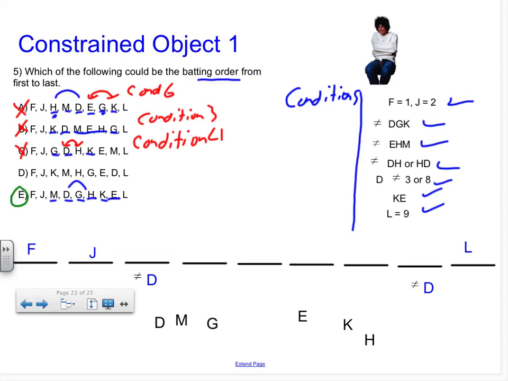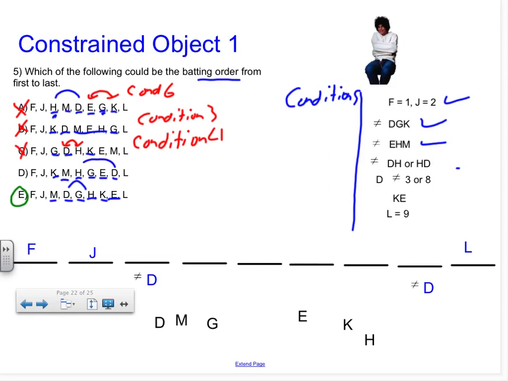But just for argument's sake, let's look at D quickly because we skipped over that one. So F and J are in the first and second positions. G, D, and K are separated. E, H, and M are separated.